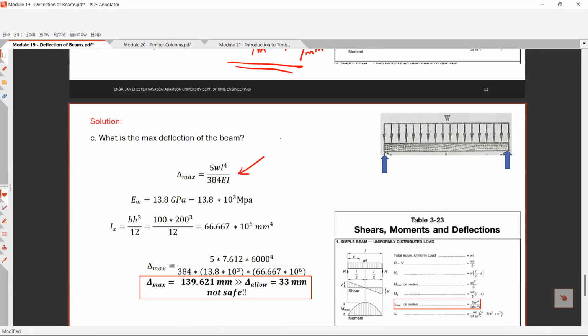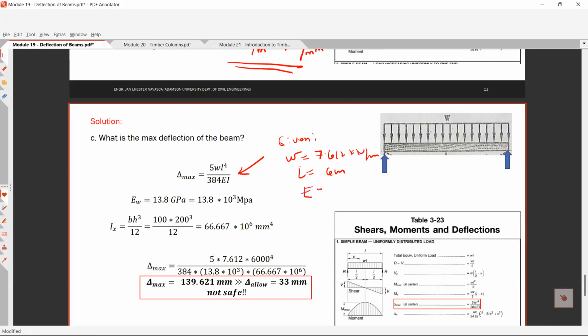So, hanapin natin yung omega. Omega natin ay, ano ba omega natin? Given natin. Omega is 7.612. The L is 6,000, 6 meters. Okay, 6 meters.